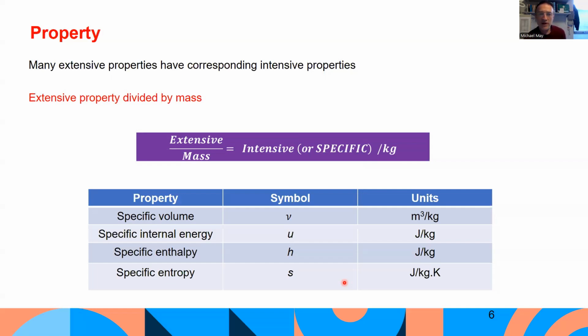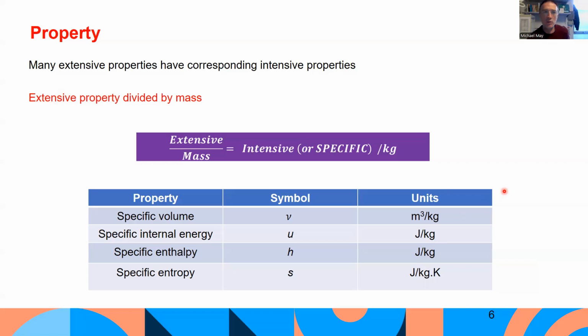And those specific versions of those properties are now intensive properties. And we can see that specific volume is meters cubed per kilogram, and specific internal energy is joules per kilogram. So we've divided by kilogram to convert that extensive property into an intensive property.